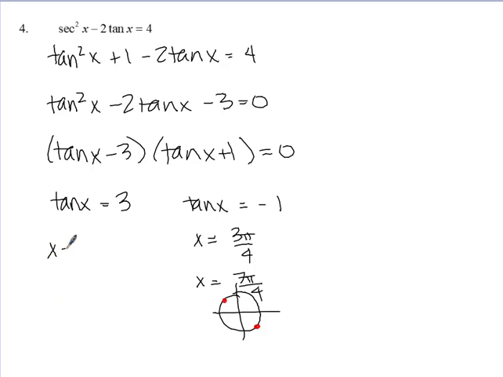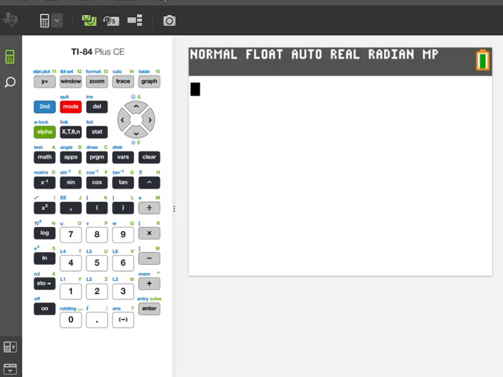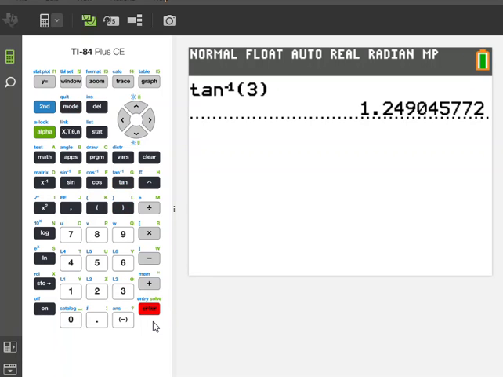So if I have x equals inverse tangent of 3, and I plug that in the calculator, inverse tangent of 3, I get 1.249.